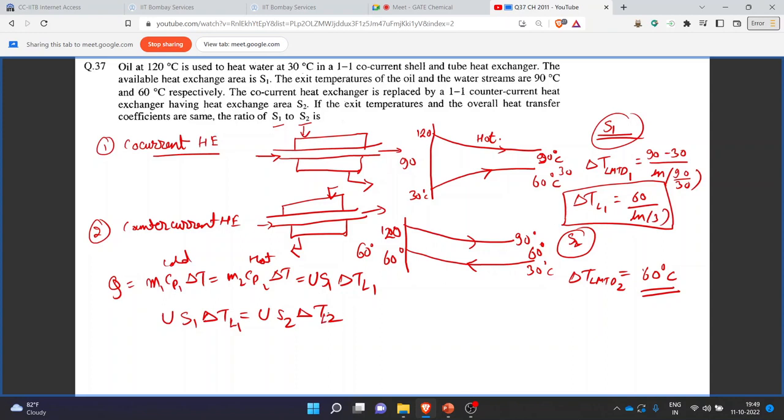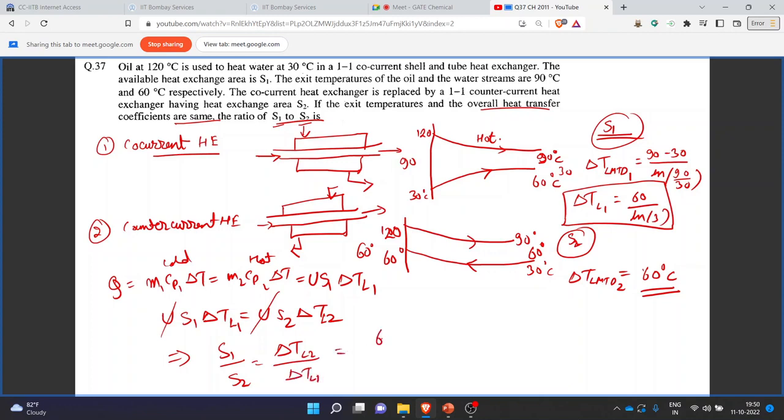The overall heat transfer coefficient also we have been given as the same, so U will remain the same. So from this we can find the ratio S1 upon S2 that is required in the question. S1 upon S2 is delta T L2 upon delta T L1.